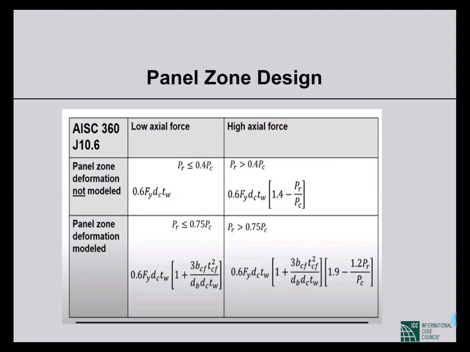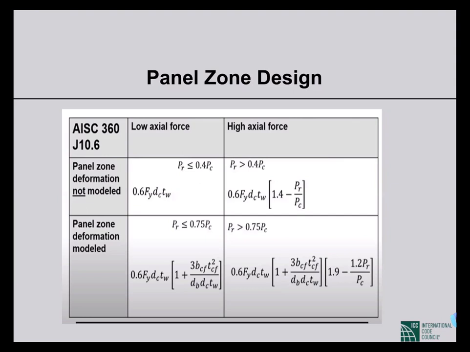Okay, so we omit the R, we have the Fy, and we have other terms, area terms for shear capacity. And one thing, for high axial force, we deduct some values.